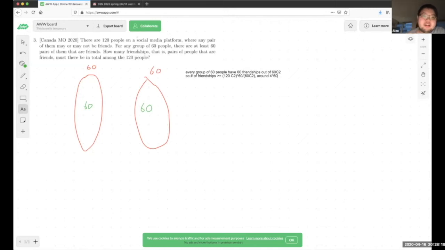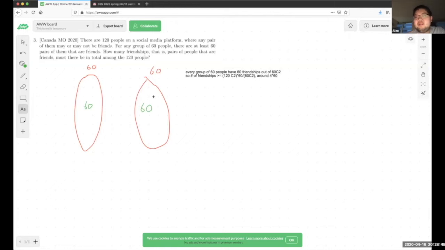The other line of thought is, what if you just consider a configuration and try to prove some bound without knowing what the answer is? There are two things you can do, and I'll suggest one of them because the other doesn't work. One is to consider a set of 120 people with a minimal number of friendships.